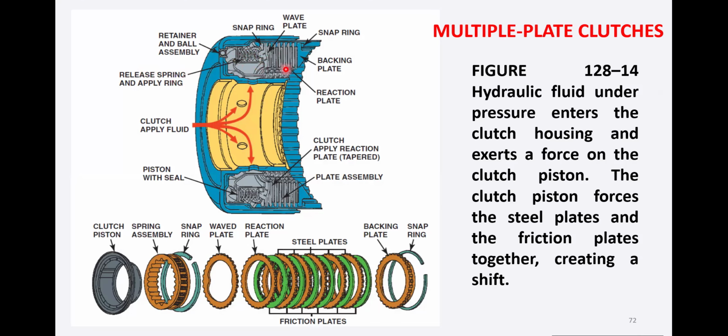We have the clutch plates here, the clutch applying plate assembly, linked with the drum here. So: clutch piston assembly, spring assembly, snap rings, wave plate, reaction plate, steel plates, friction plates, backing plate, and snap rings.